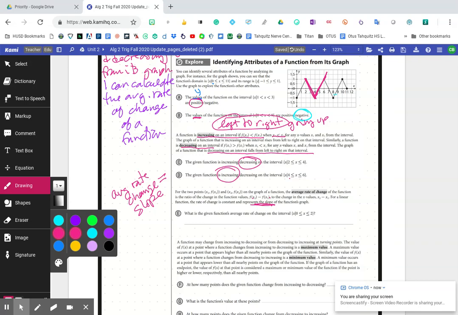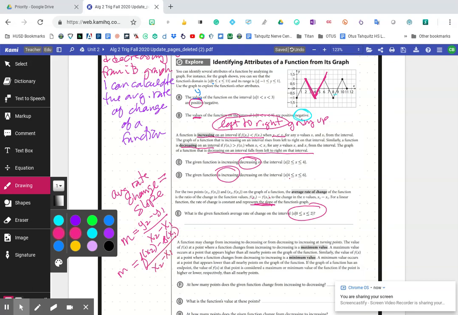What is the given function's average rate of change on this interval? So basically what you have to do is use your slope formula. You're going to do y sub 2 minus y sub 1 over x sub 2 minus x sub 1, or in the context of what we've given here, f of x sub 2 minus f of x sub 1 over x sub 2 minus x sub 1.